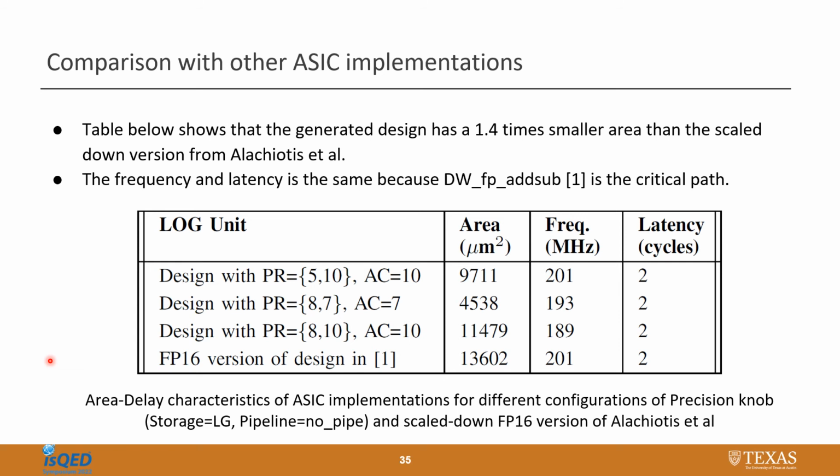For a fair comparison with the half precision LogGen design, we keep the accuracy knob to the maximum value, that is 10, and use the same Synopsys floating point adder for both the designs. We can see that the LogGen design was nearly 1 times smaller than the scaled down version by Alakiotis. The frequency and latency are same because the Synopsys floating point adder is the critical path in the design.